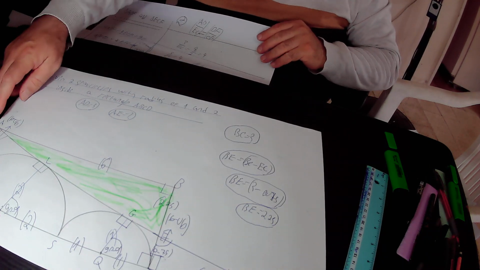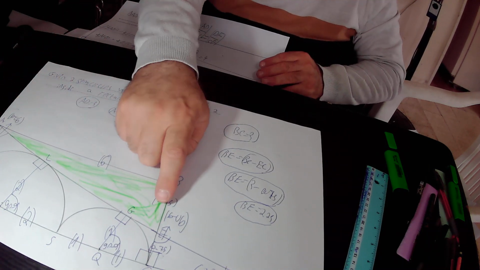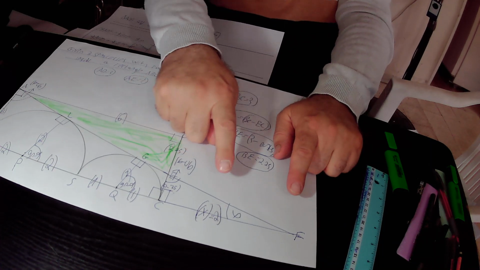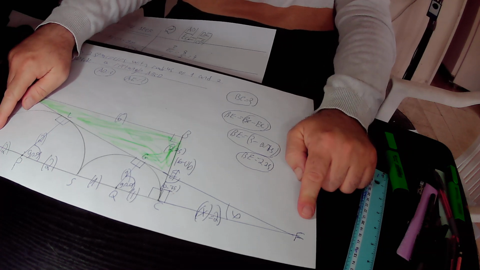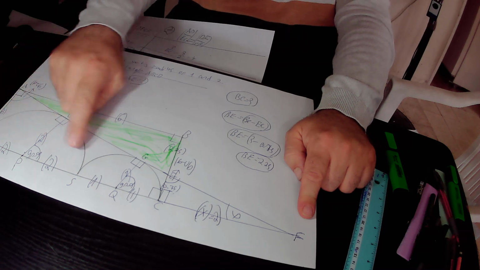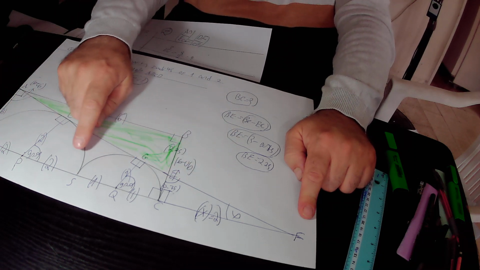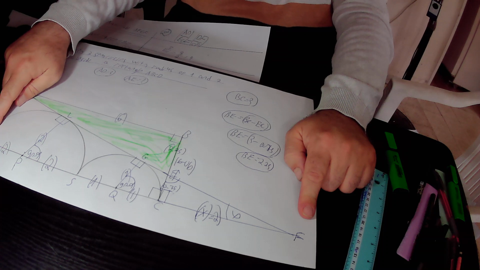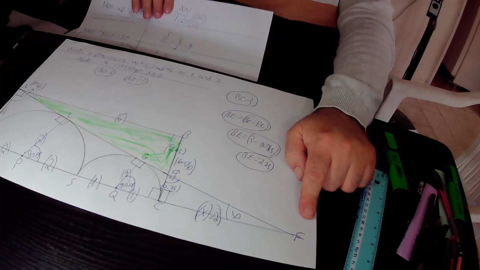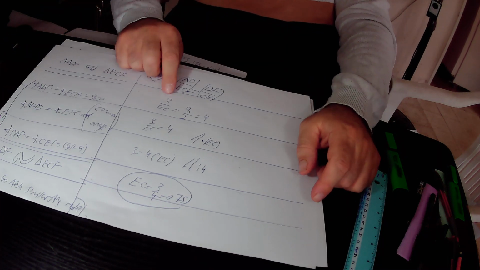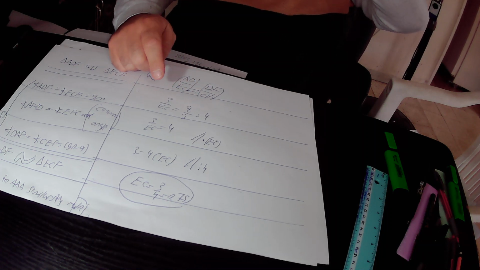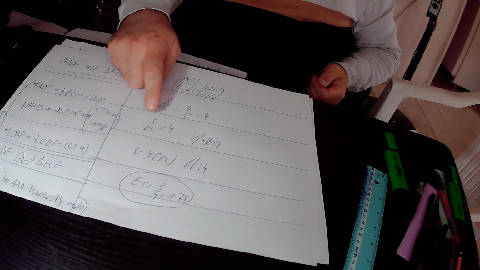AD equals 3, over EC. EC is the missing side, so we leave it as it is. And it equals DF. DF in total equals 2 plus 2 plus 1 plus 1, that is 6, plus 2, which is 8. So DF equals 8, over CF. CF equals 2. So 3 over EC equals 8 over 2. 8 over 2 is 4, so 3 over EC equals 4.